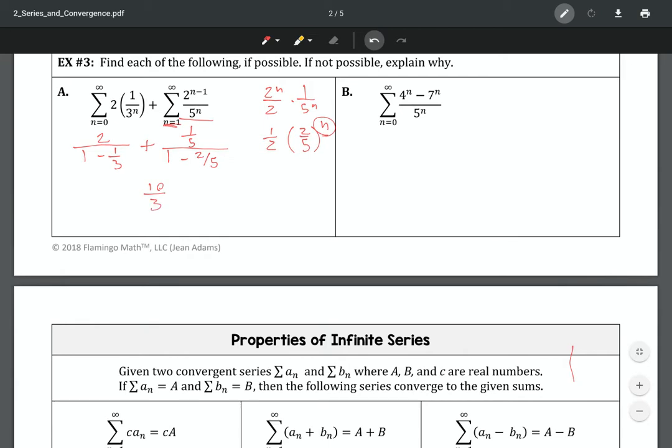Now on section B, I can split this up into two different fractions, if you will.